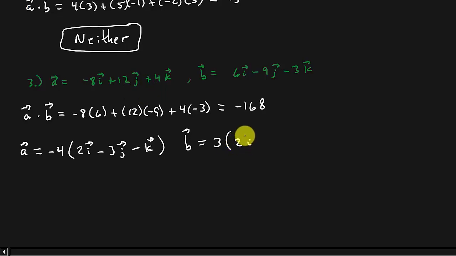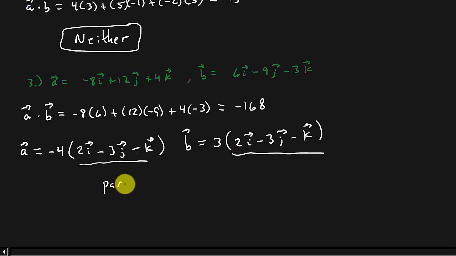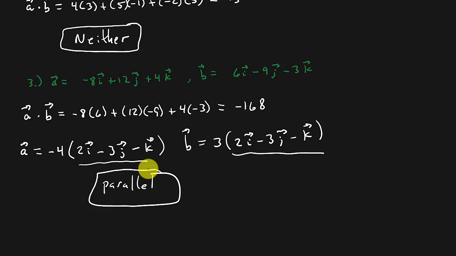All right, so I get 2i minus 3j minus k. And see, these vectors are scalar multiples. So that tells me that they are parallel. And that's how you check to see if it's parallel, orthogonal, or neither.